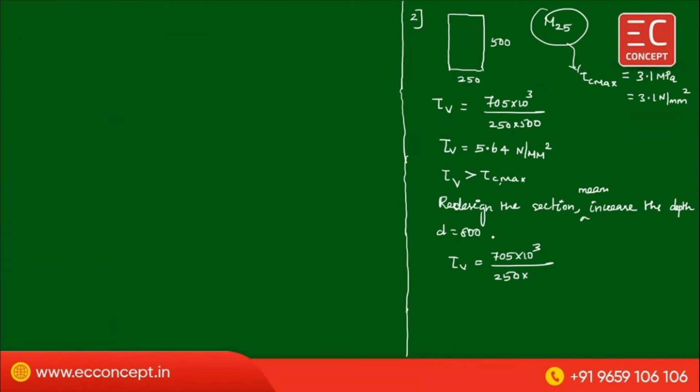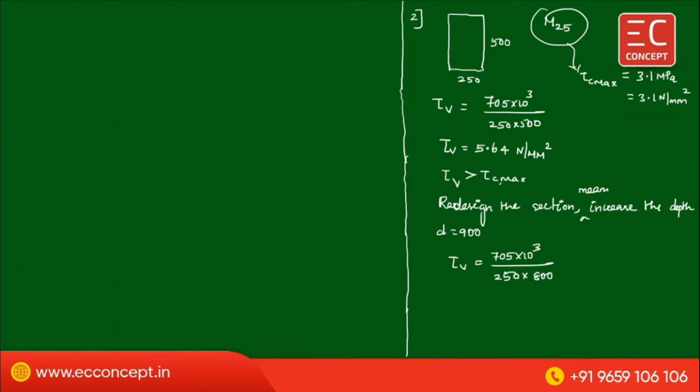Let me take 800 for example. Then 705 into 10 raised to 3 divided by 250 into 800. So again it is 3.5. It is not less. So let us take 900. So this is a trial and error process only.